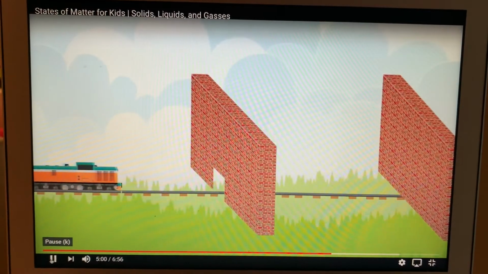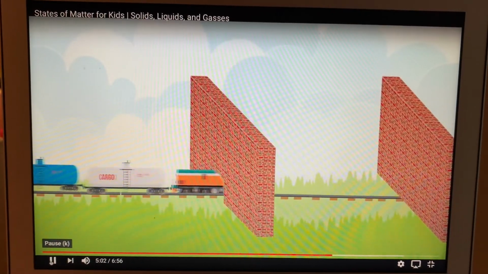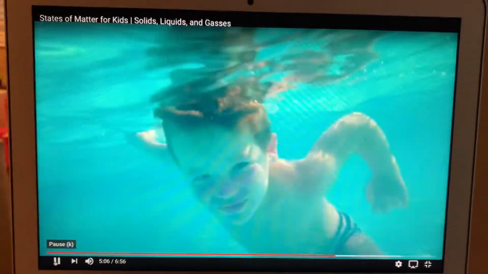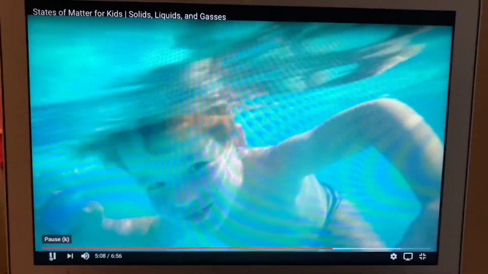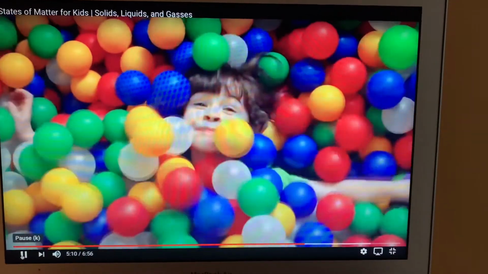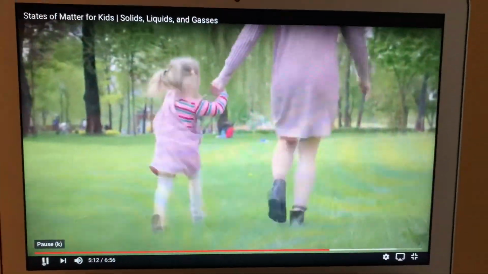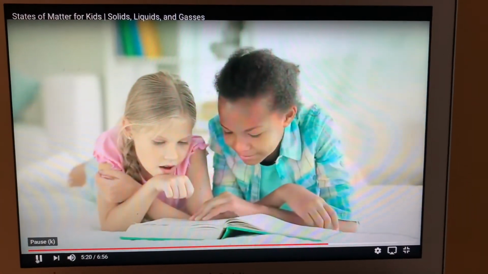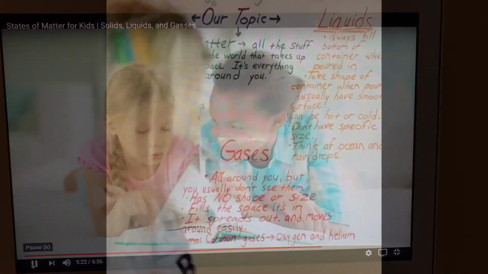It kind of goes without saying, but certain matter is easier to go through than other matter. You can swim in a liquid more easily than in a solid. Ever tried swimming in a ball pit? And you can run through a gas like air much more easily than you can run through a liquid or a solid. Here's where the subject of states of matter gets even more interesting.